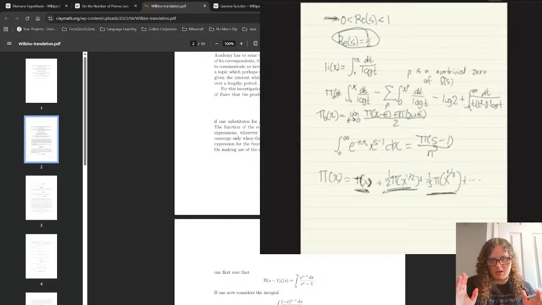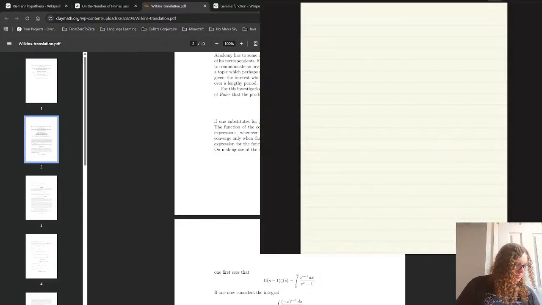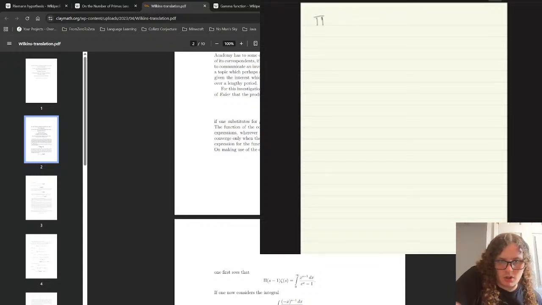Okay, hold on. If we take a step back and consider this a definition rather than a derivable equation, that would mean that capital pi of s, I'm going to change the variable slightly here, replace s minus 1 with s.